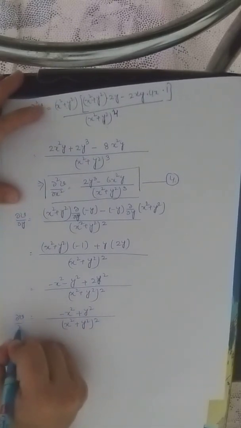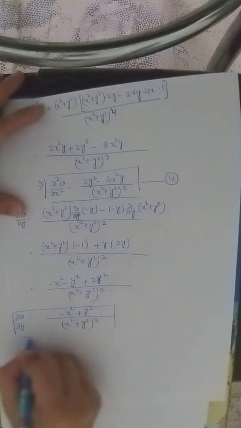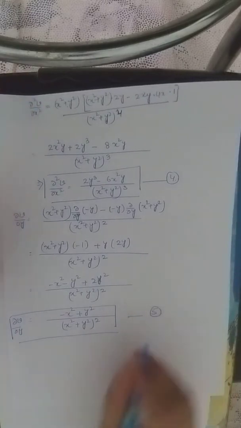This is ∂v/∂y. Let us call this equation as number 5.